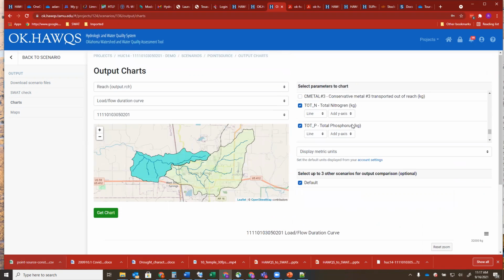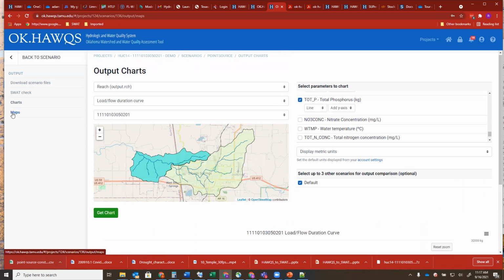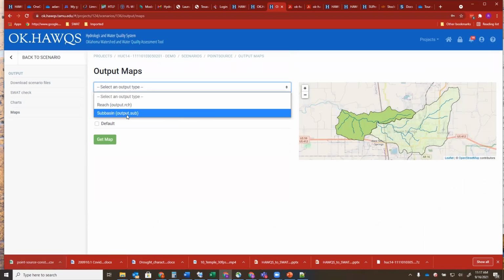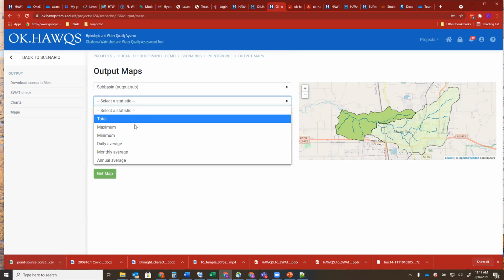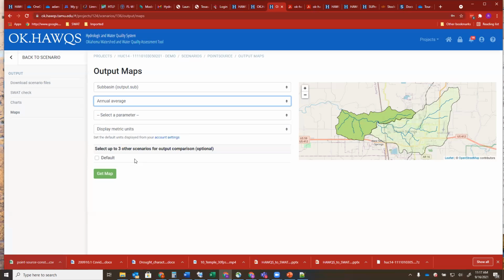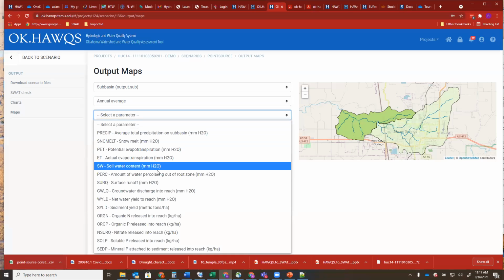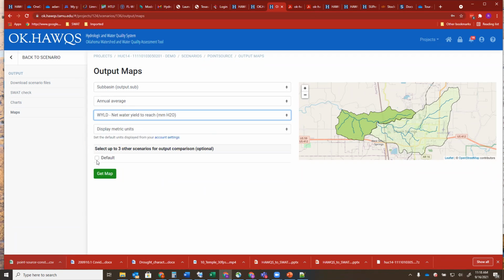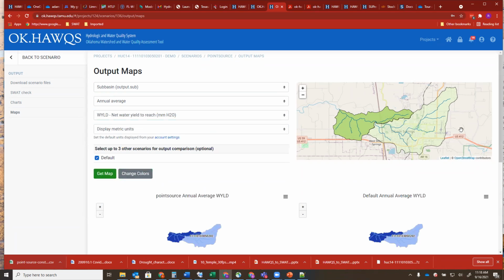And the same way, you can also do the mapping. Actually, if you want to do the mapping, again, as an example, it may not be the right example because we're looking at subbasin. Let's say average annual. You can look at things like water yield, and you can compare with other scenarios, and you can say get the map.